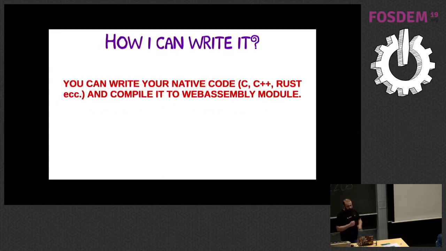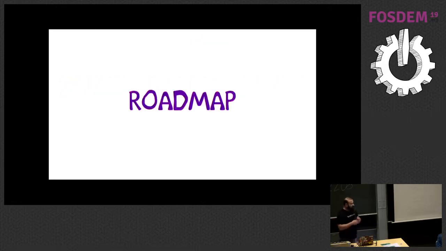You can write your native code and compile it with the LLVM WebAssembly target, and afterwards JavaScript fetches this module and compiles it at runtime. At this moment, WebAssembly is an MVP.